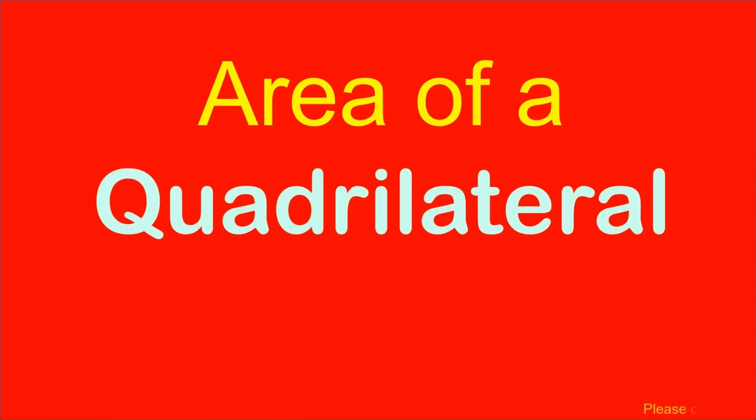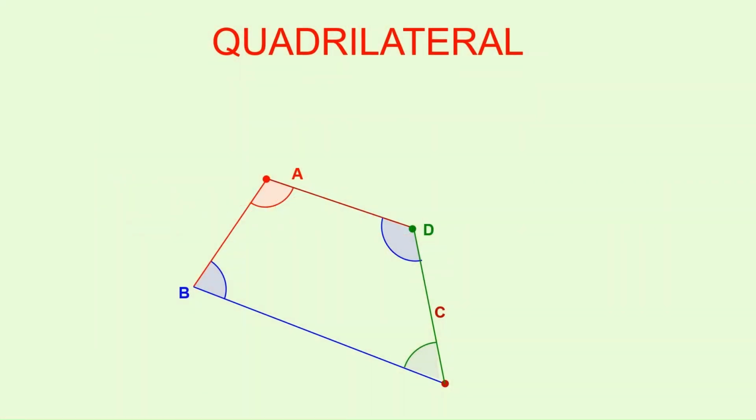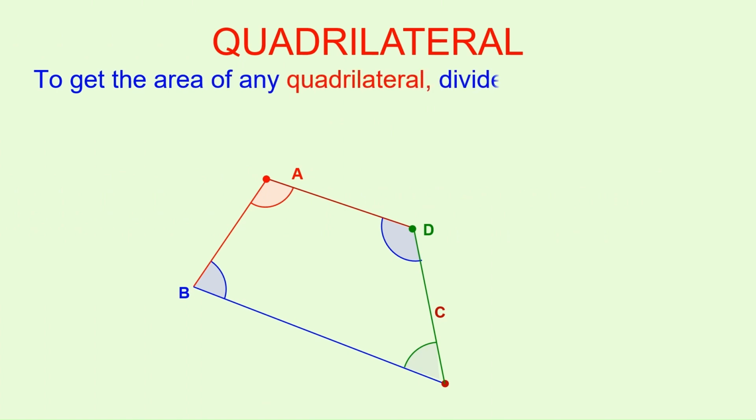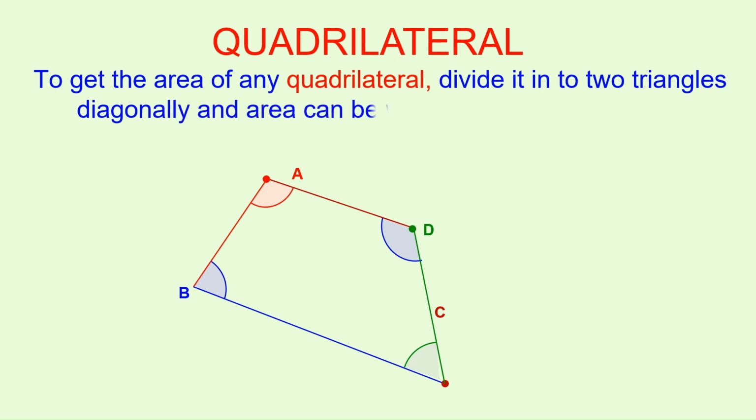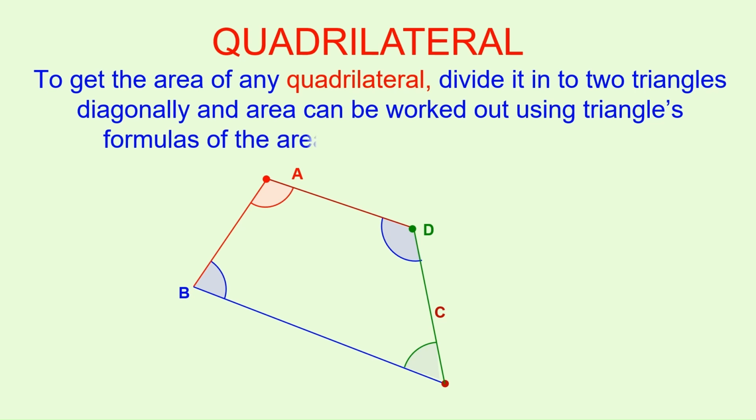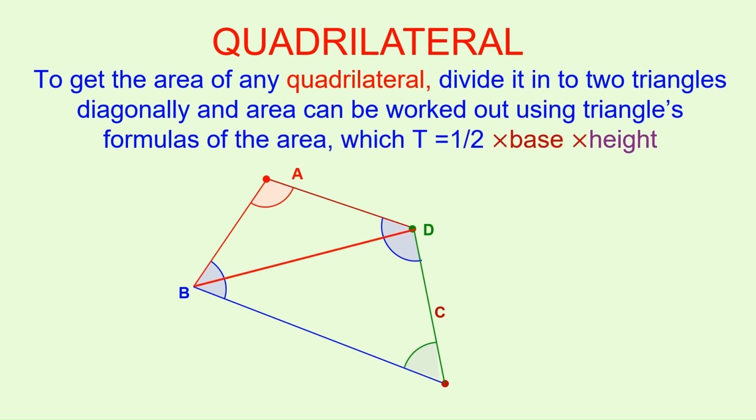The area of a quadrilateral. To get the area of any quadrilateral, divide it into two triangles diagonally. The area can be worked out using the triangle formula of the area, T equals 1/2 times base times height.